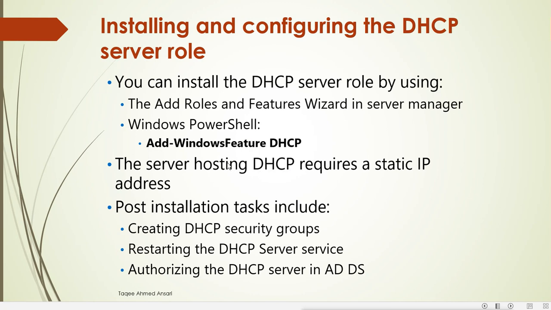Then after installing the role, what do we have to do? We have to do the post-installation tasks. The post-installation tasks include creating the DHCP security groups. These DHCP security groups provide the option for managing the DHCP servers. We can assign permission to some users who can manage the DHCP server. Remember, if we configure the domain, we have only one administrator account that has the right to configure the whole Active Directory domain, but that one account cannot manage everything.